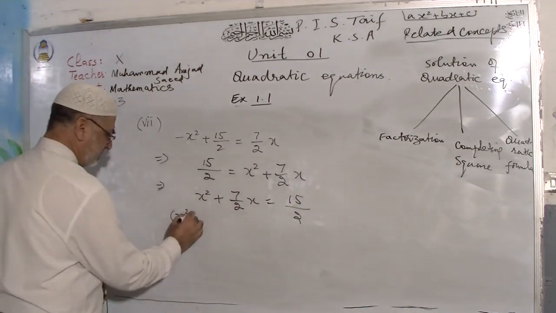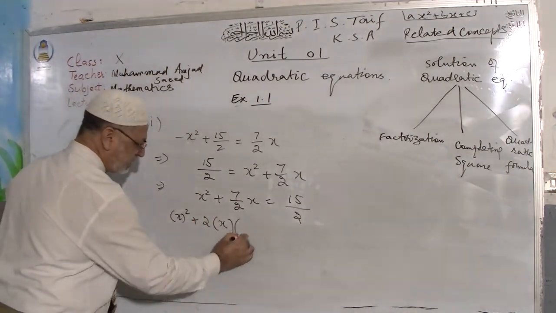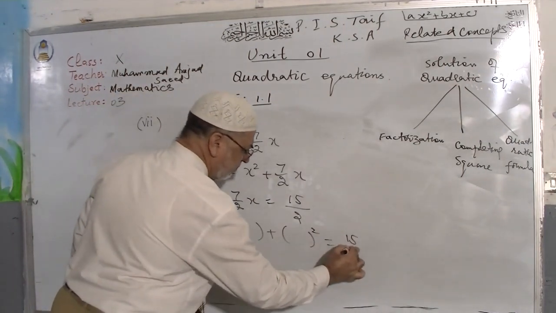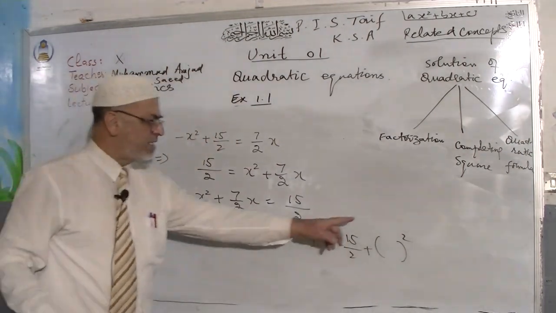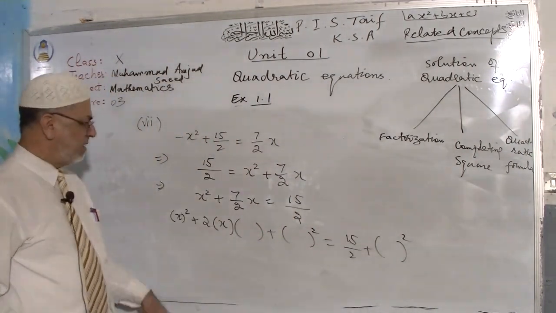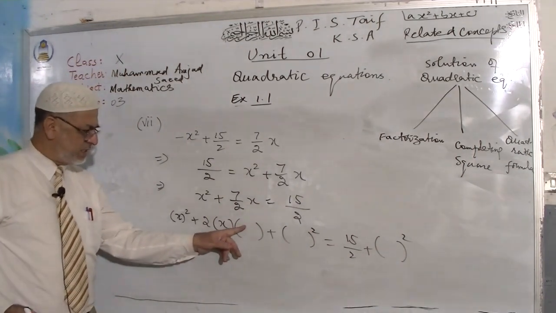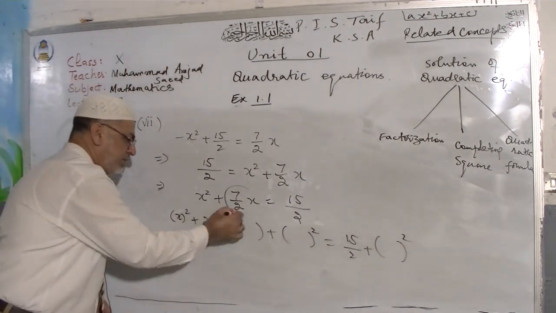First square plus 2 into first into second plus second square, 15 over 2 plus second square. Remember that the second square term is missing. So you have to write down the suitable term here so that you will get this number.